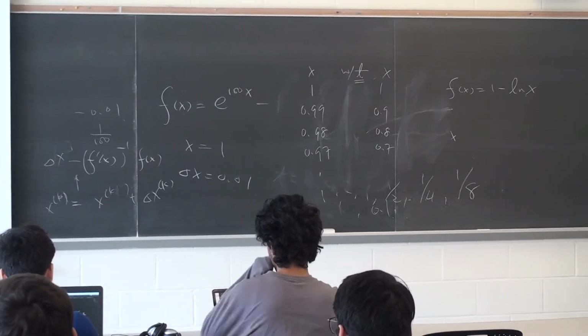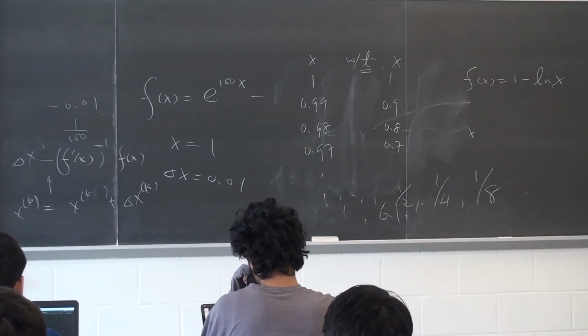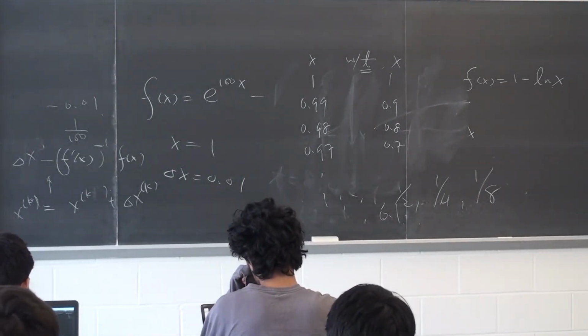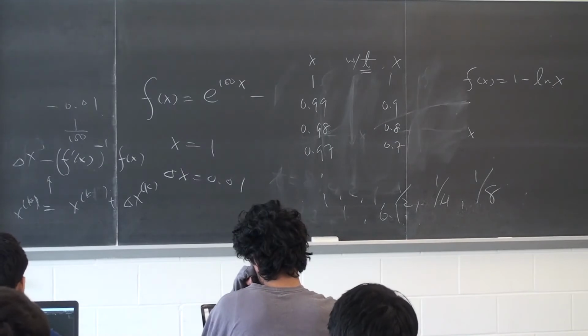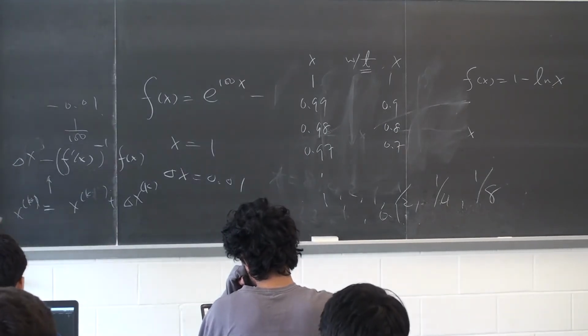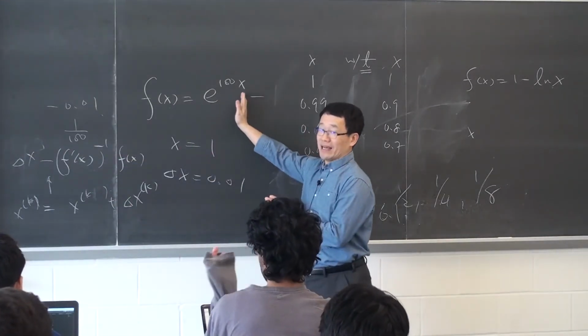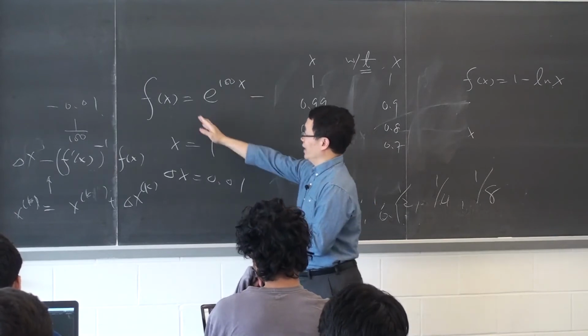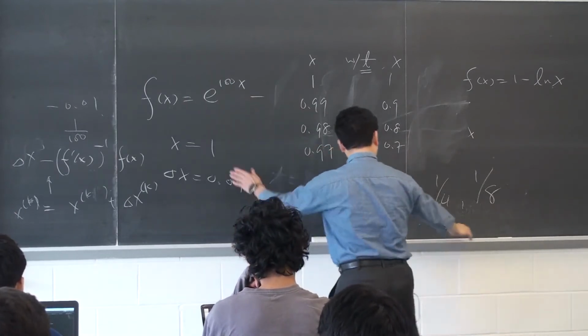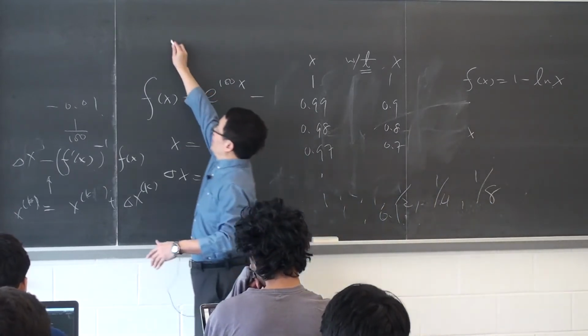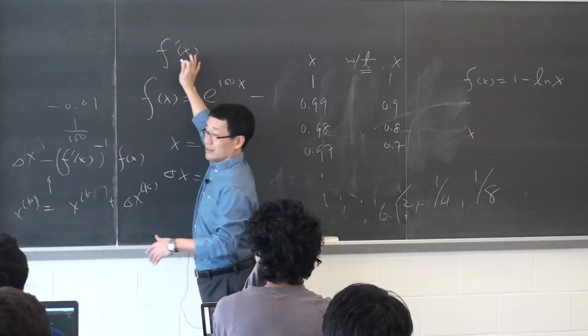So we are forced to use something that's Newton-like, but you cannot evaluate the exact Jacobian matrix. Or you mean you cannot evaluate the exact slope. You can evaluate this function, but you cannot evaluate the derivative.